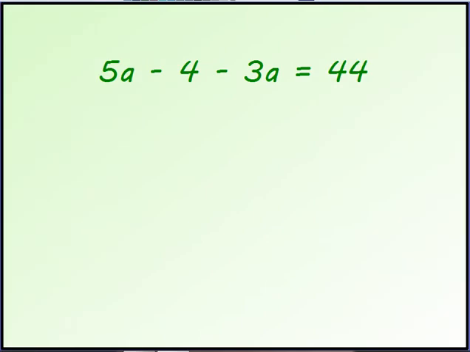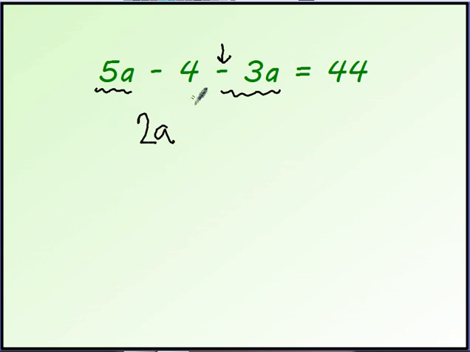Finally, we have 5a minus 4 minus 3a equals 44. Do you see the like terms? 5a and minus 3a, of course. How many a's am I going to have left over if I have 5 a's and I'm taking away 3 a's? I'm going to have 2 a's left.